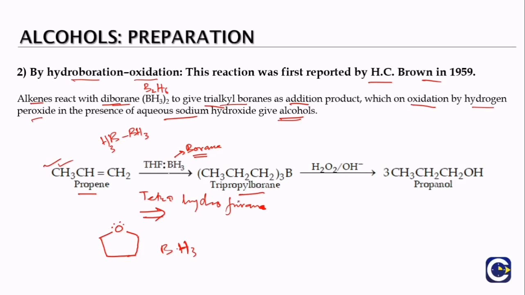This on oxidation with H2O2 in the presence of a base, most commonly sodium hydroxide, which provides hydroxyl ions and acts as the base, gives propanol. We get 3 molecules of propanol. As we already said, we get a good yield of alcohol in this reaction.